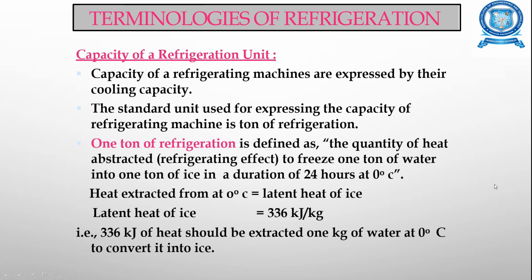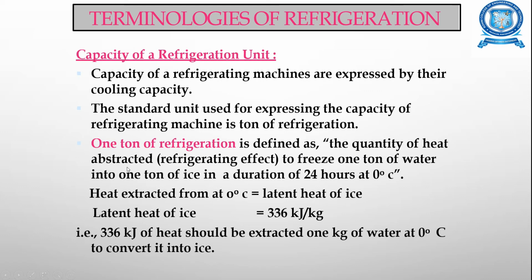And next is the capacity of a refrigeration unit. The capacity of refrigerating machines is normally expressed by the capacity of cooling. The standard unit of capacity of a refrigerating machine is the ton of refrigeration. One ton of refrigeration can be defined as the quantity of heat abstracted to freeze 1 ton of water into 1 ton of ice in a duration of 24 hours at 0 degree Celsius.